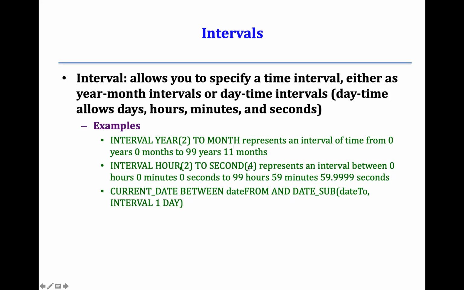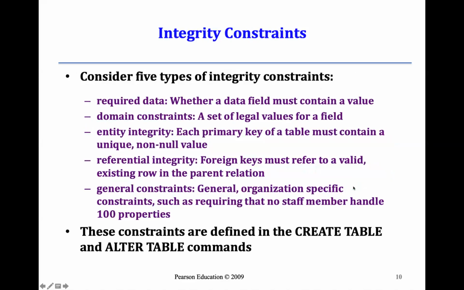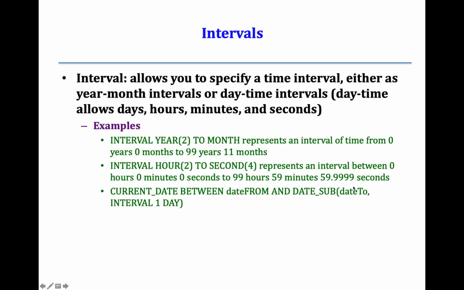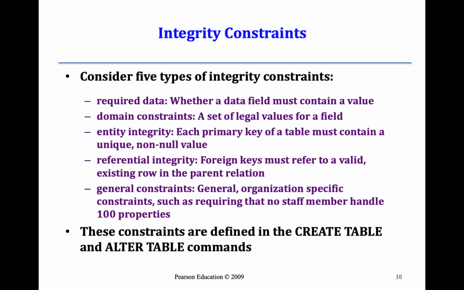So this actually gives you how many thousandths or hundredths or tenths of a second you can go to. So 1 would be tenths of a second, 2 would be hundredths of a second, and so on. Okay, so here I gave an example where you use an interval to do subtraction, subtracting 1 day from date 2. Okay, so those are the data types. The big ones that are new are dates and precise numeric types.